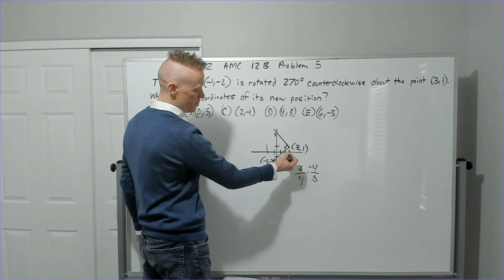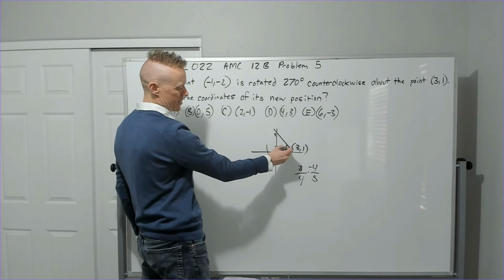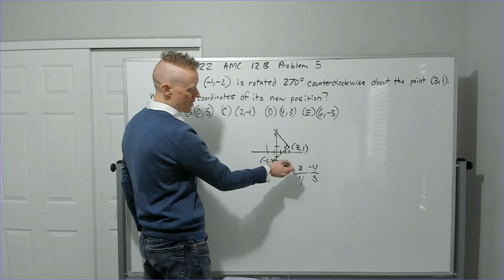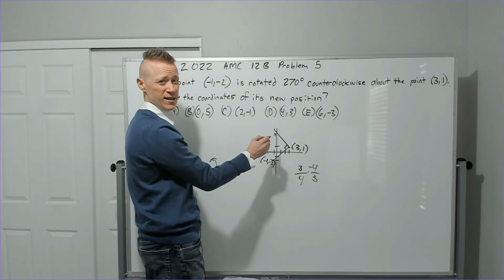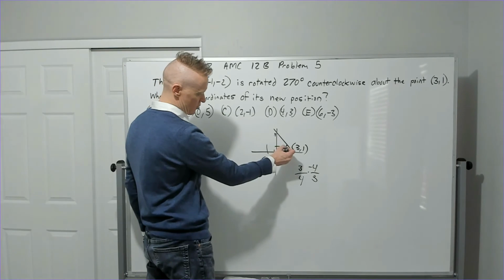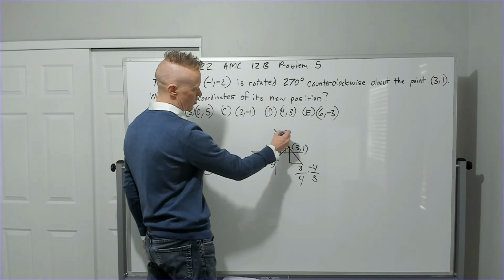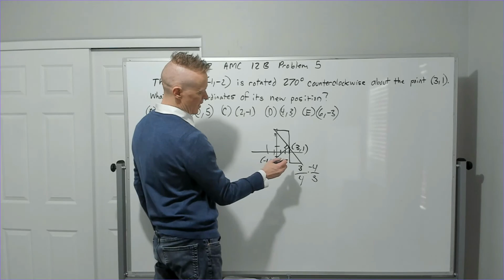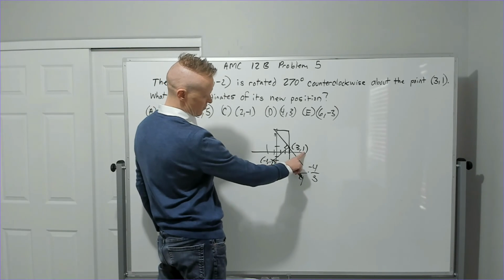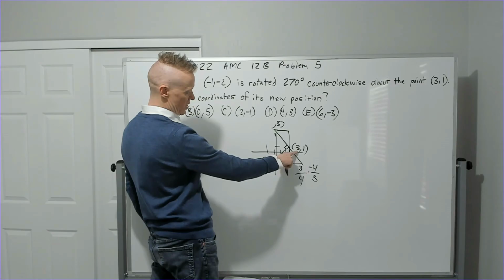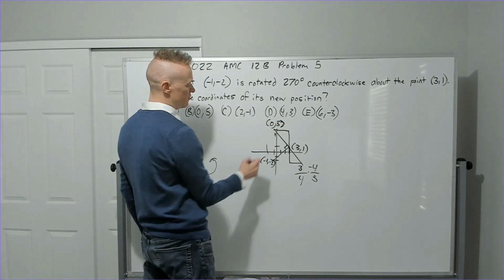4/3, but because we're going back that way, I'm going to go up 4 and over 3 to the left. So usually I would go down 4 over 3 to the right to continue, but I'm going to go up 4 and 3 to the left. So if I go up 4 from here, I'll be put at the point 5 for y. 3 to the left would be 0 for x.